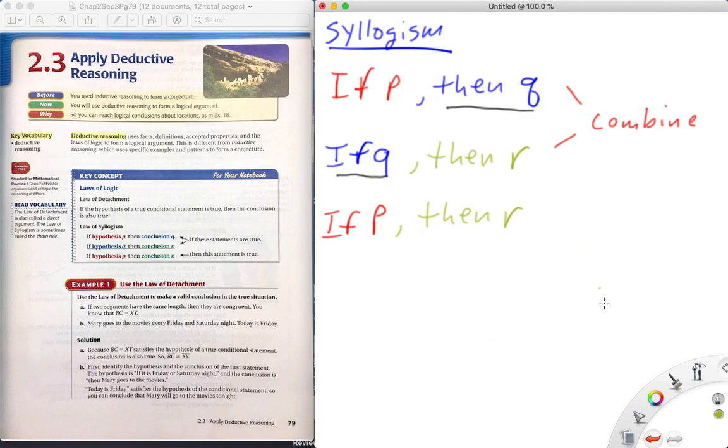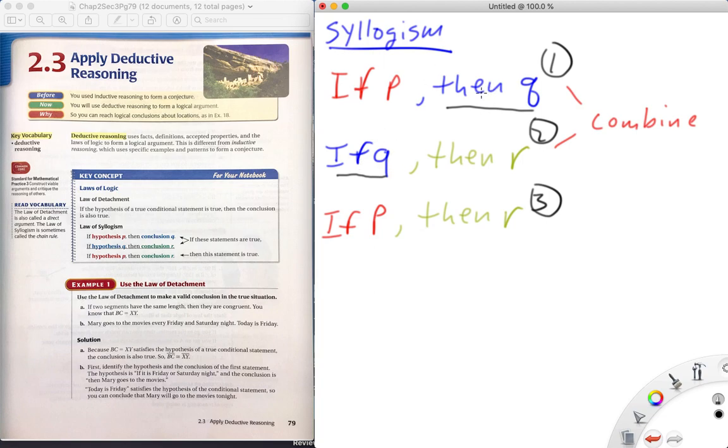So we call this conditional 1, conditional 2, conditional 3. We have the hypothesis of the first conditional, then the conclusion of the first conditional.